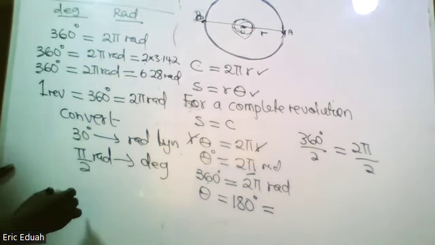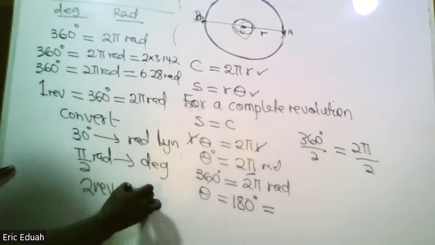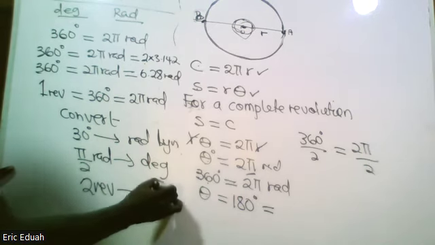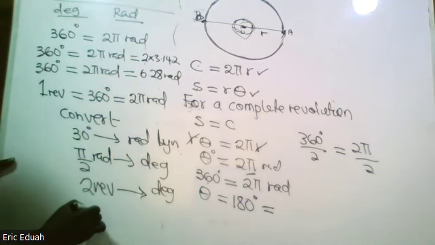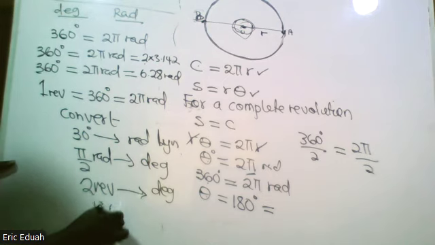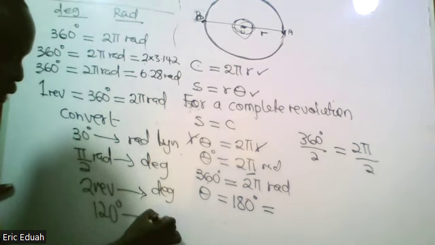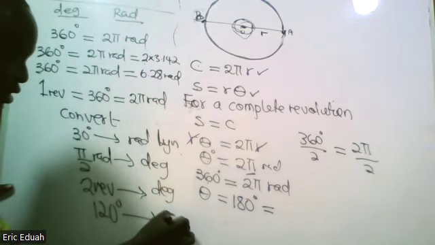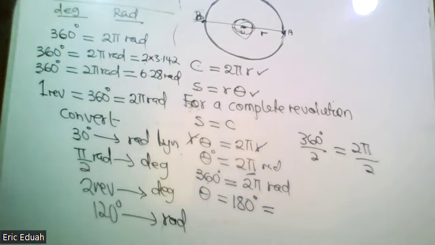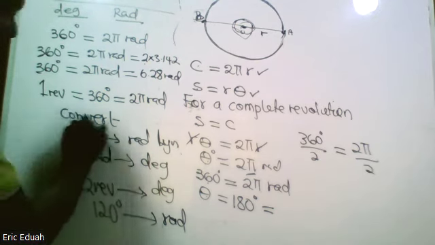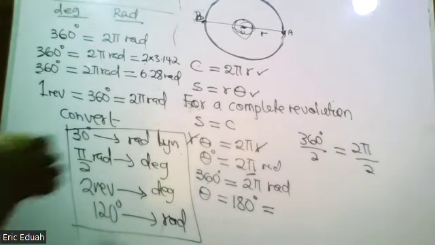Carl, you are converting 2 revolution to degree. And then 120 degree to radian. Anyway, let me give the whole work to all of you. So this is what you have to do now. Let me add another one.